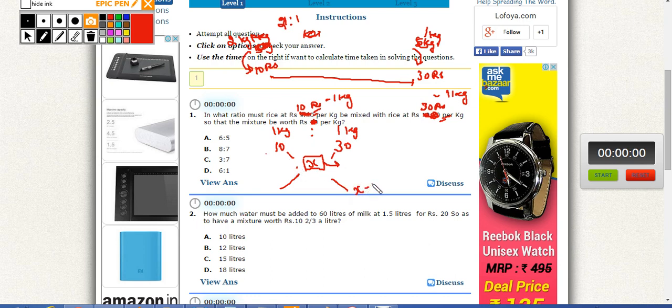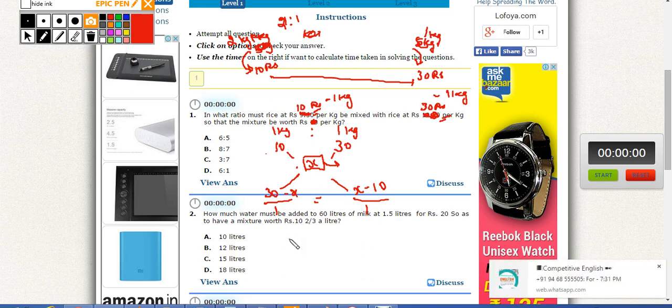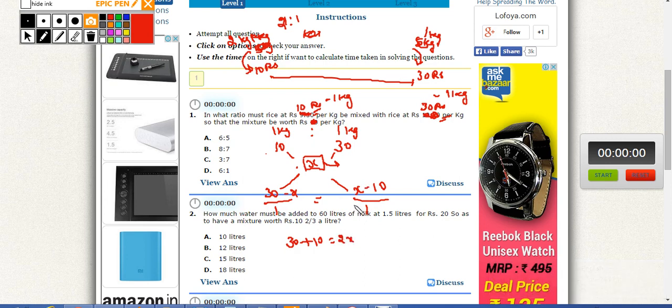So x minus 10, and here this is 30 minus x, and we should divide it by the ratio, which is 1:1, so that actually makes no difference in this case, but that's the usual procedure. So what do we get? This is 30 plus 10 equal to x plus x, which is equal to 2x.